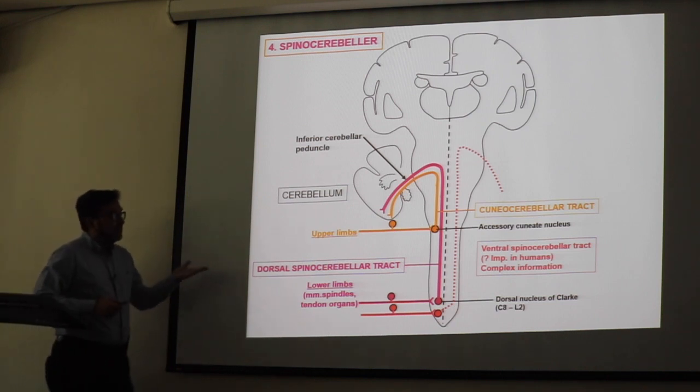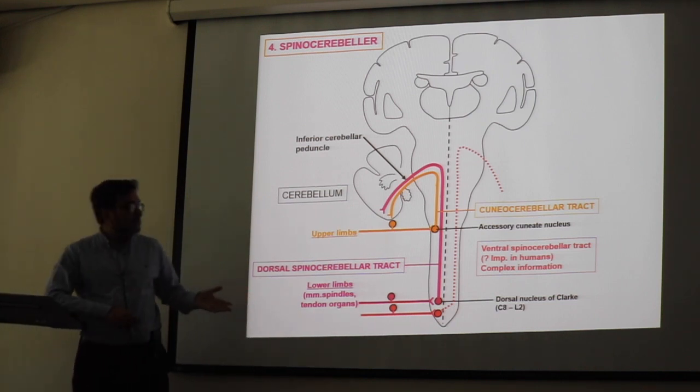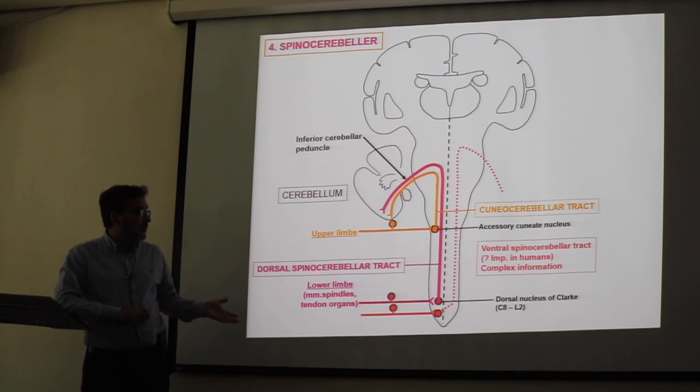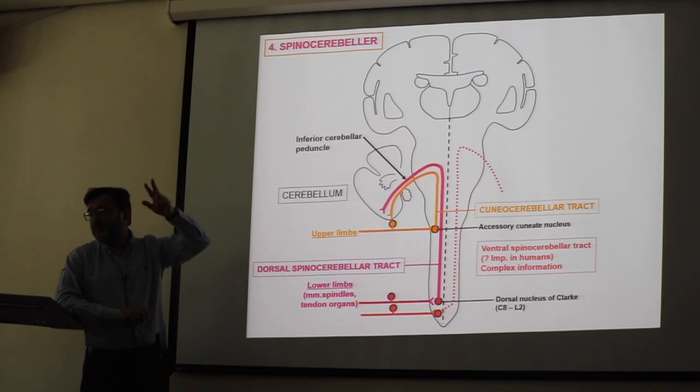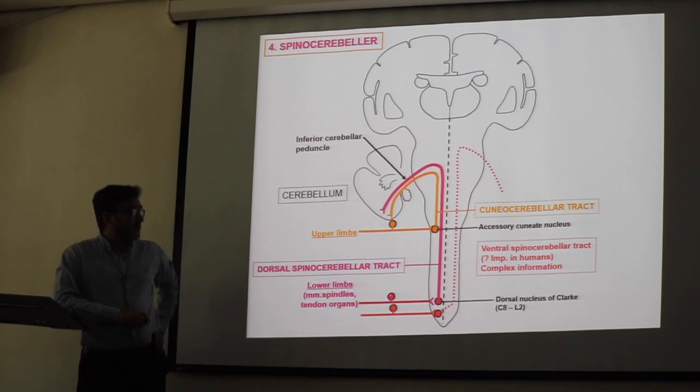The other sensory tracts which you should know are the dorsal spinocerebellar tract and the ventral spinocerebellar tract. Now, because these tracts are going to the cerebellum, there are only two orders of neurons. The first order, as usual in all sensory tracts, is present in the dorsal root ganglia.